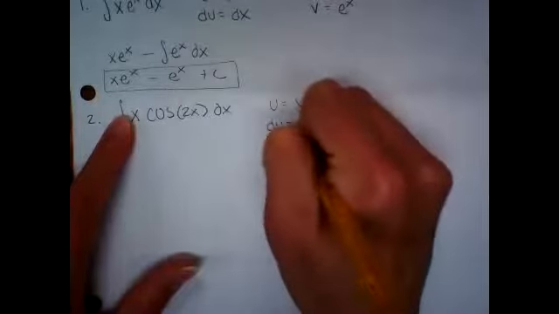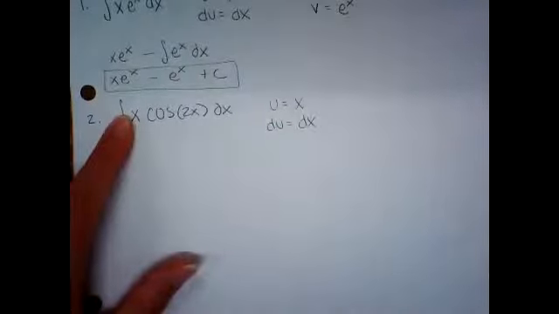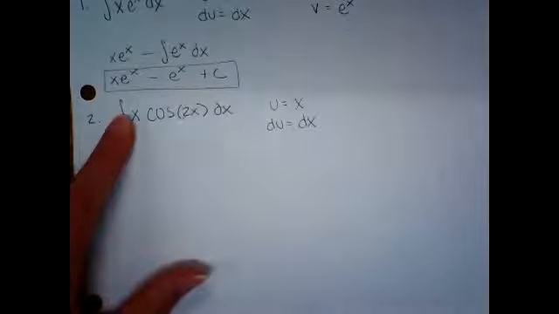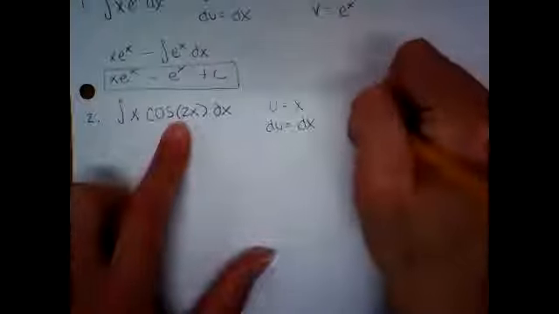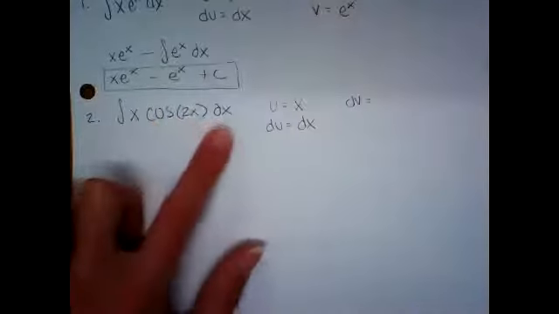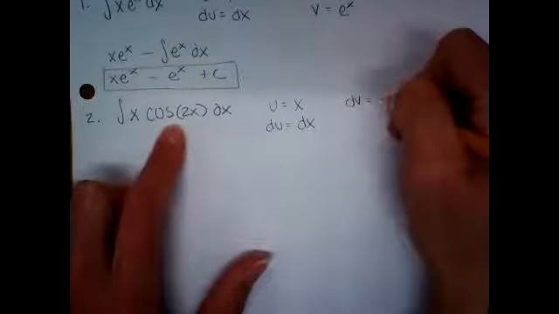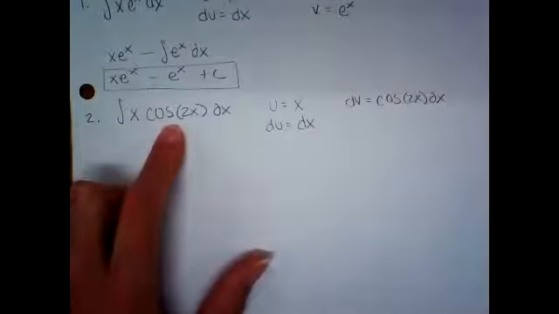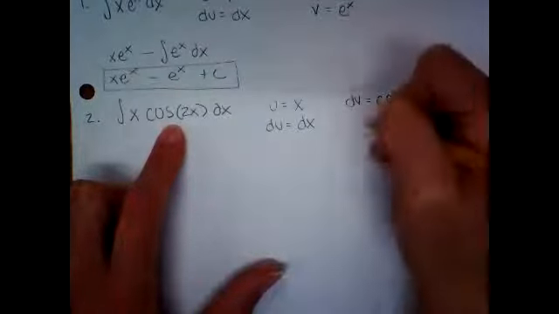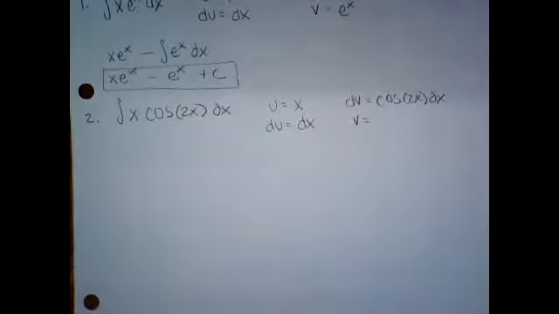And so du would just be dx. And sometimes I'll do that, like I'll just go ahead and do that derivative, because doing a derivative on one side and an antiderivative on the other it's really hard to switch gears. So dv is going to be the cosine of 2x dx. Now you have to do an antiderivative to get v.